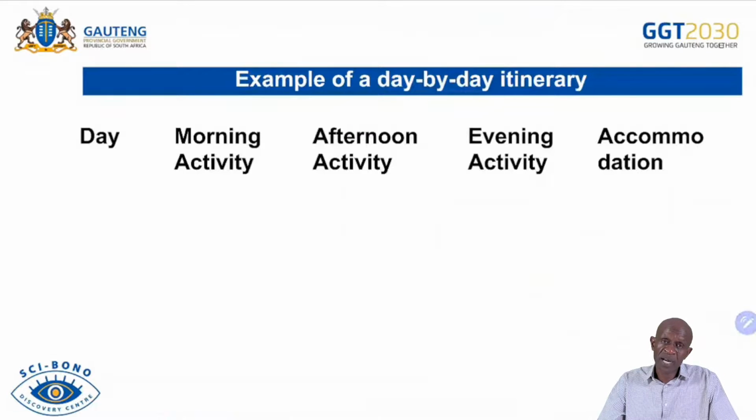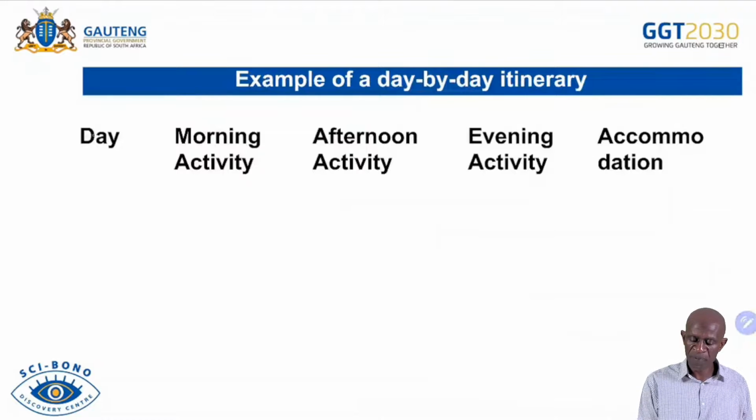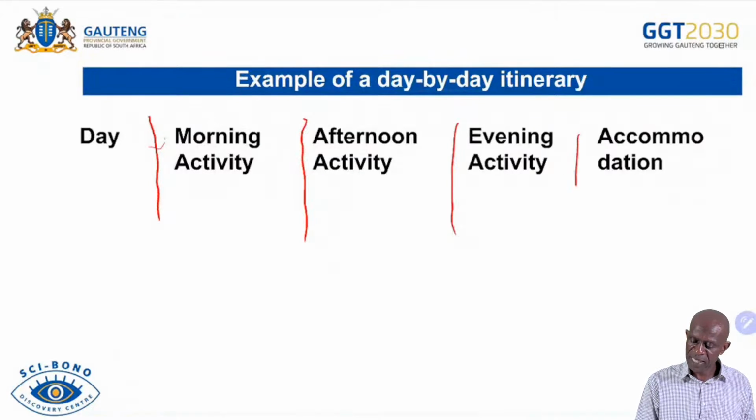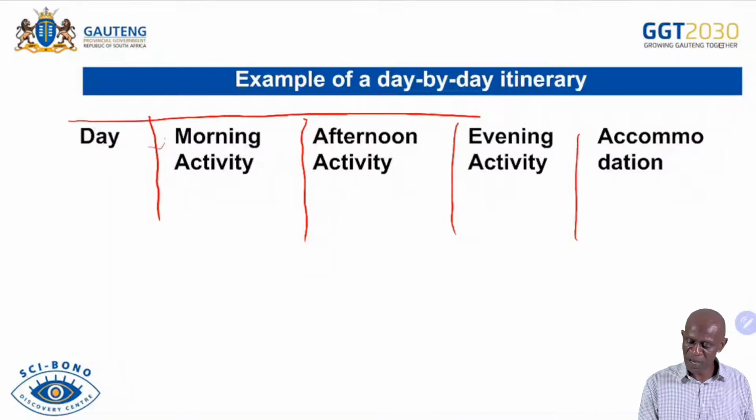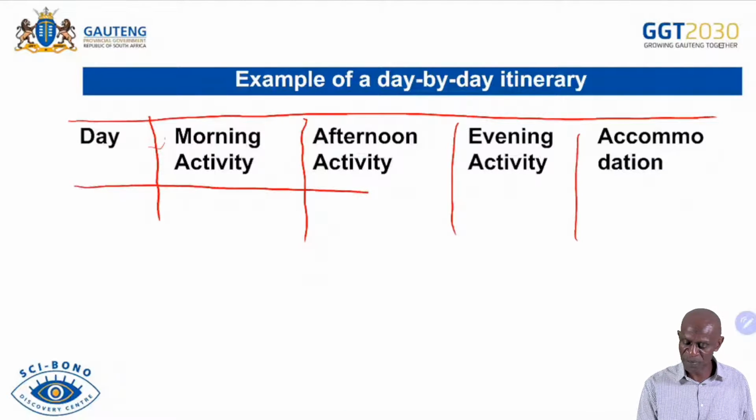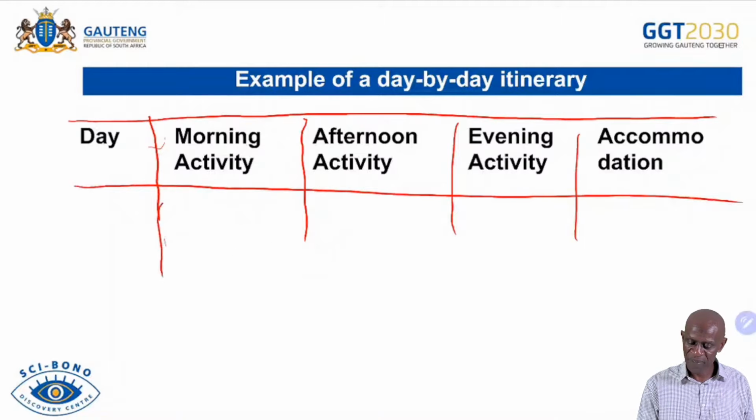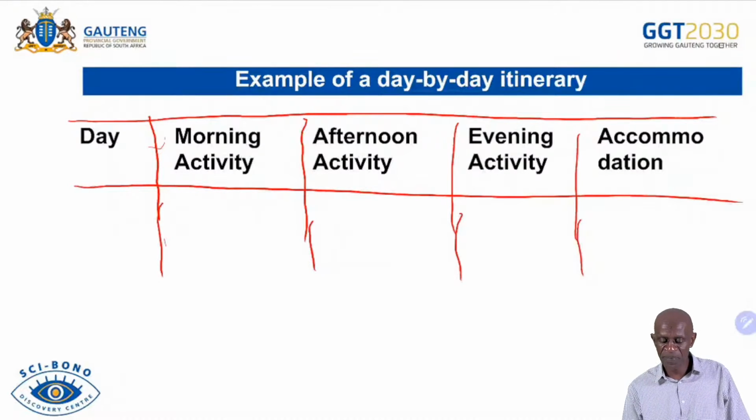That was just one, but here is the other format of an itinerary. Another example will be this one in table form. Bear with me. The table is not given here, but I will draw the table like this. And here it's given day.